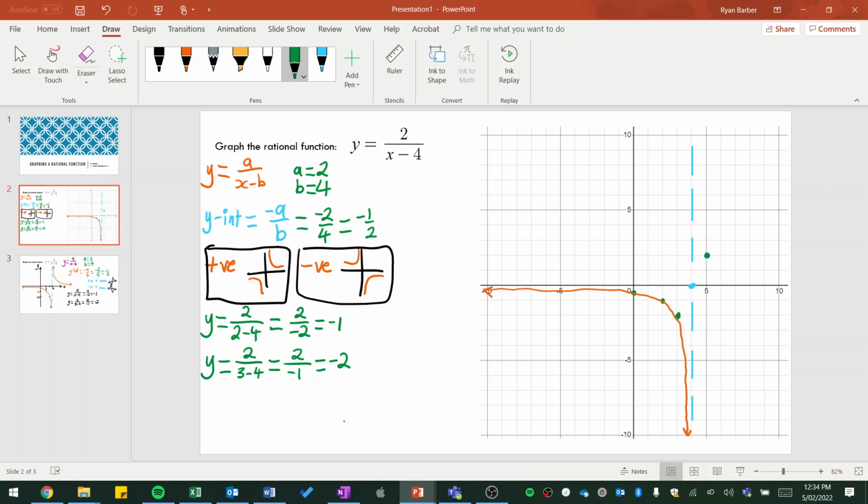If I flip that, I'm going to have x is equal to 6 and y is equal to positive 1. X is equal to 8, y is equal to a half. And then we can sketch that one again. And we can see that we have got our rational function.